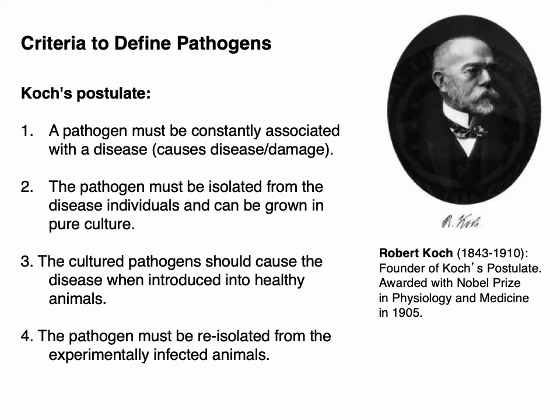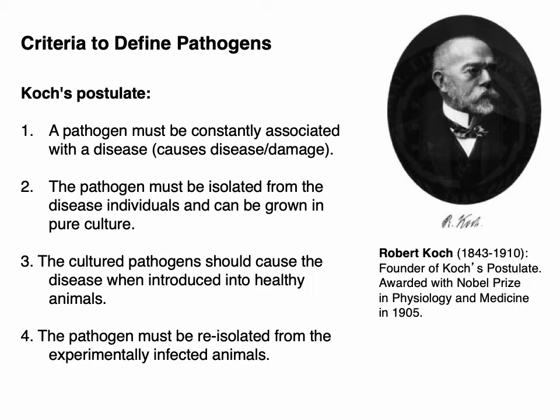Number 3, the cultured pathogen should cause the disease when introduced into a healthy animal. So you take that organism, you do an animal experiment, and in the animal model you will be able to cause the same disease. The organism recovered from the individual, you put on an agar plate, and then you grow it up again from that agar plate, you take it to the animal, you should be able to cause disease.